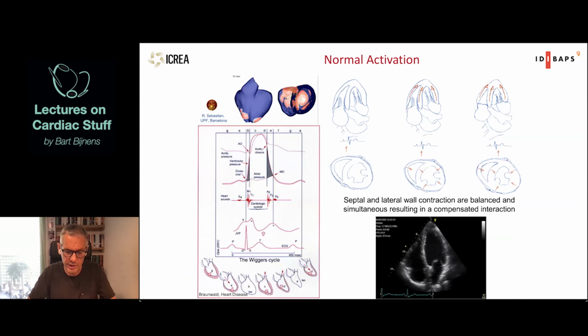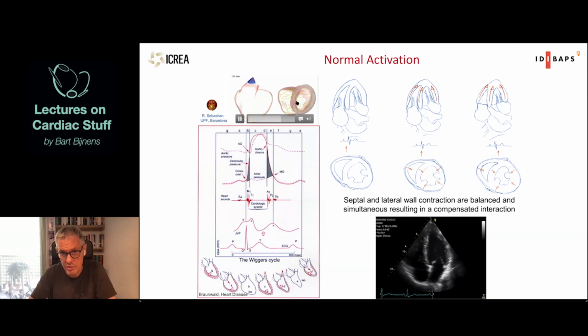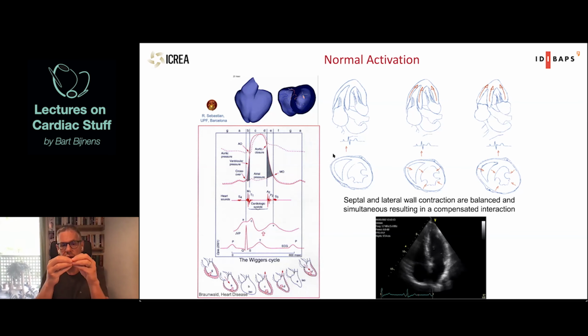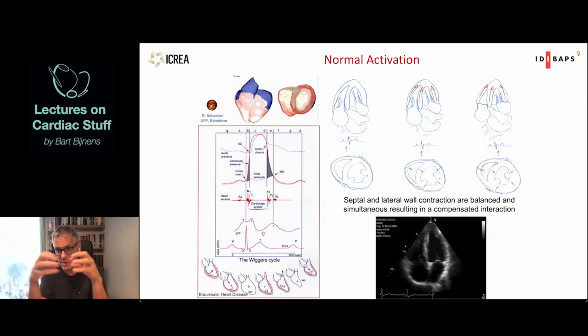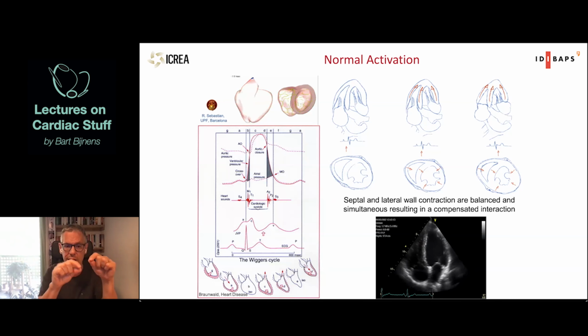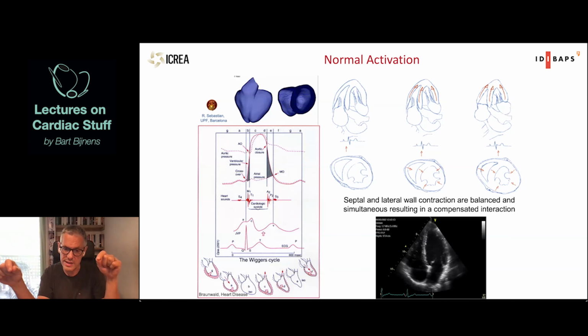So as I said before, in order to understand abnormalities, you need to understand normality. And so let's look at the normal activation. As I said before, normal activation of the ventricle is through the Purkinje system. Purkinje fibers are actually kind of collagen fibers. So it's a collagen sheet where you have internally what we call Purkinje cells.